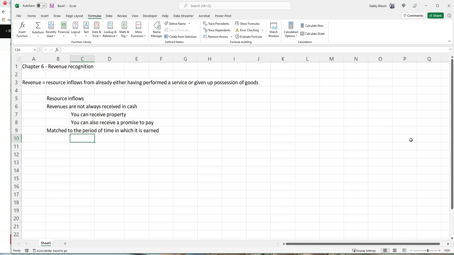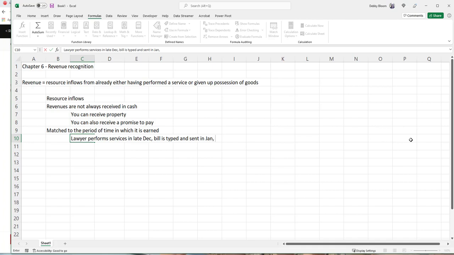An example that I give in Principles of Accounting, if a lawyer performs services in December, the bill is typed in January, and the client pays in February. This is still considered a December revenue.